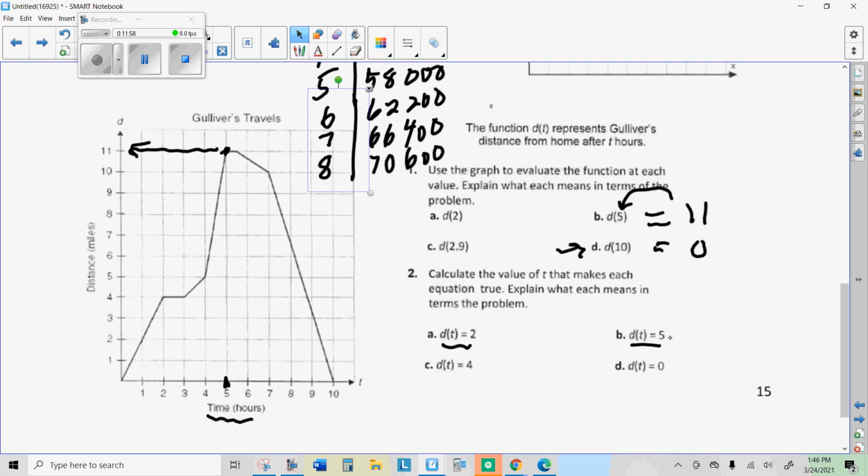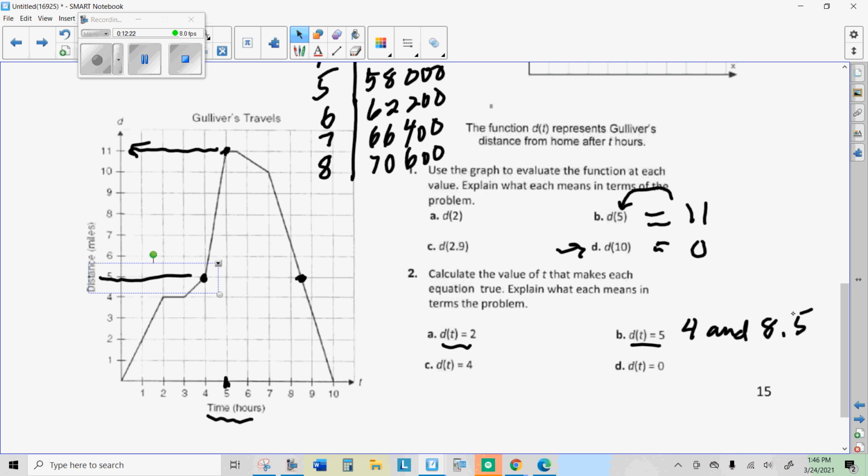So on this one we're going to look for 5 as the distance, and then we're going to go to the graph. Now for this one there's actually 2 answers. There's 2 times when Gulliver is 5 miles away from where he started. One is at 4 and the other one is at about 8.5.